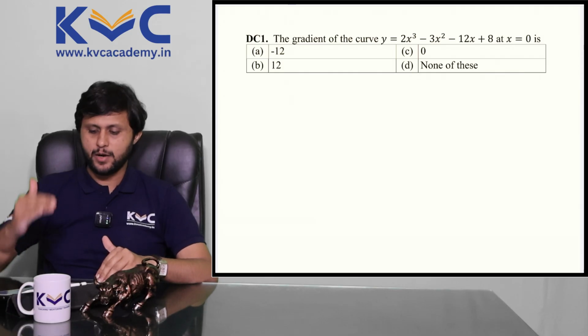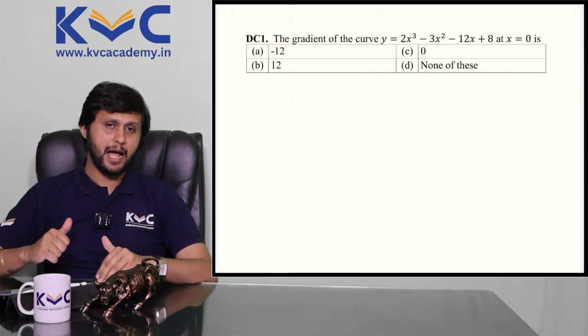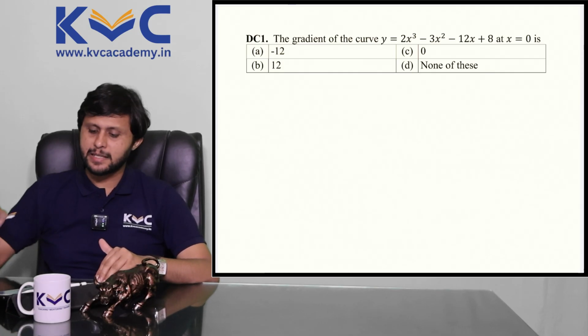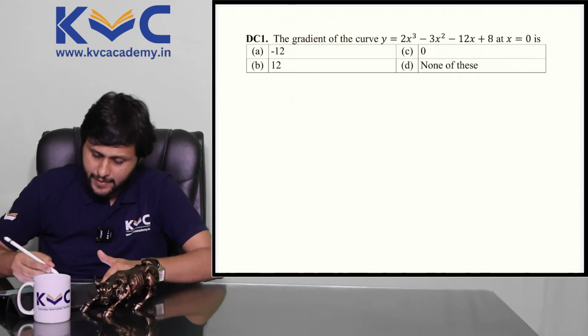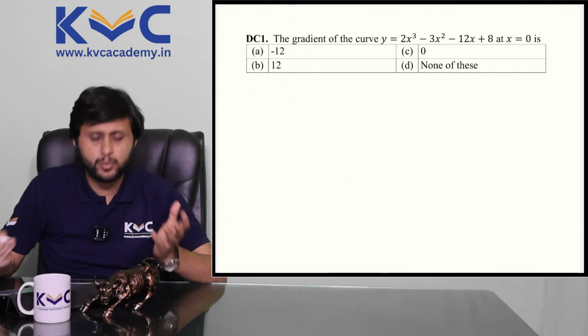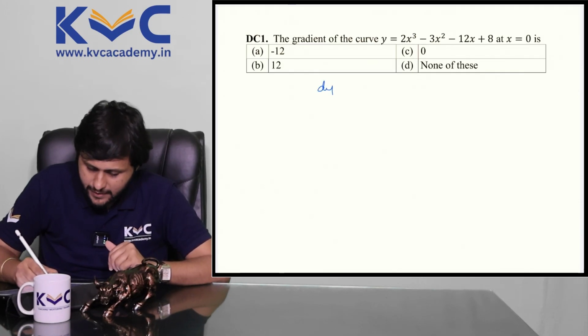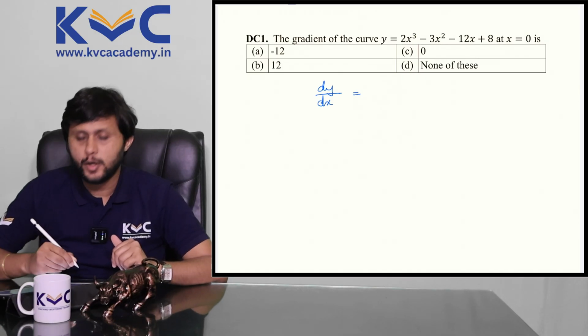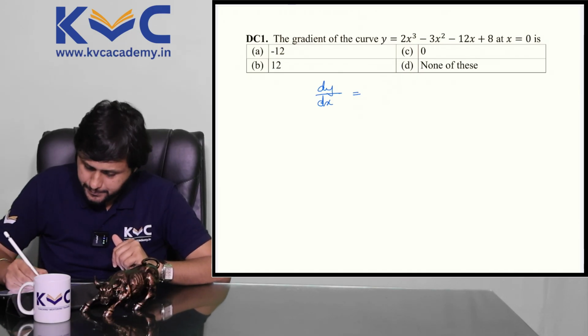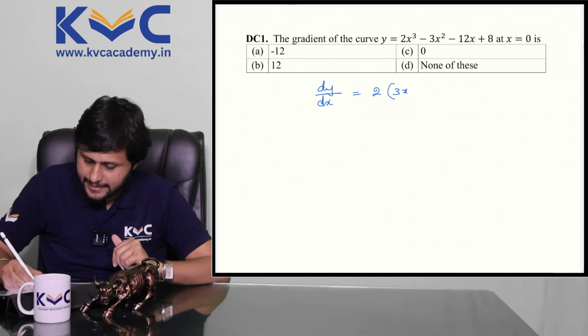So what we should do is first we will differentiate it. After differentiating, we'll substitute x equal to 0 because that's where they are asking for it. So differentiate, you do both sides. Differentiation of y is dy by dx equal to differentiation of 2x cube, that is 2 into 3x square.